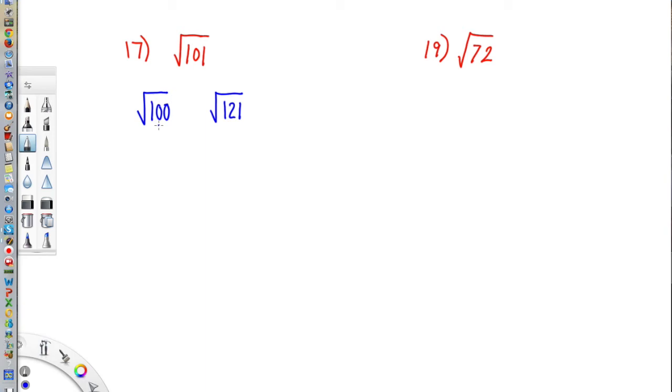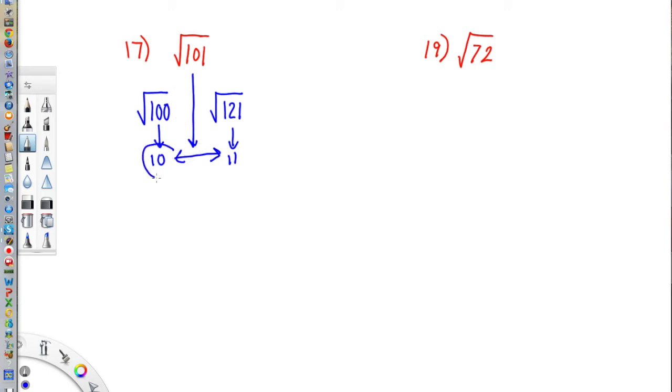Now the square root of 100 would be 10. The square root of 121 would be 11. Therefore, the square root of 101 must be greater than 10 but less than 11. It has to be somewhere in the middle.